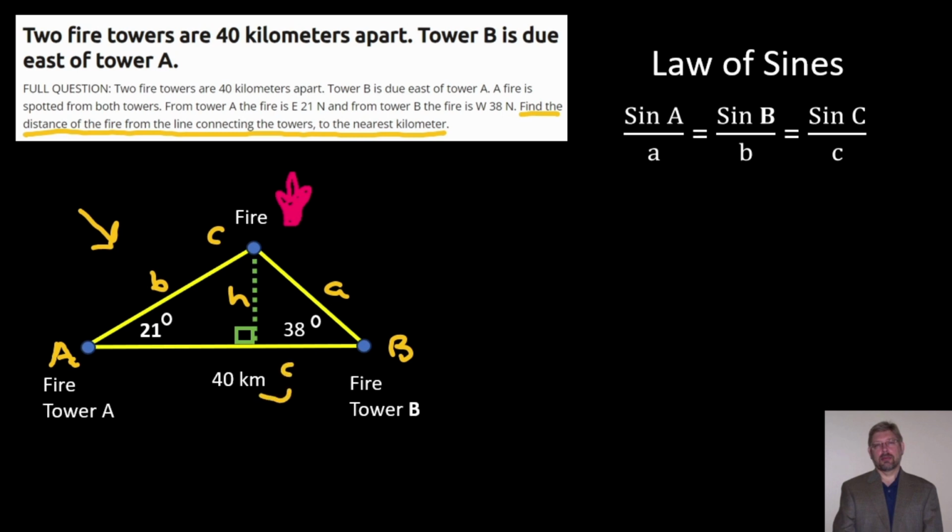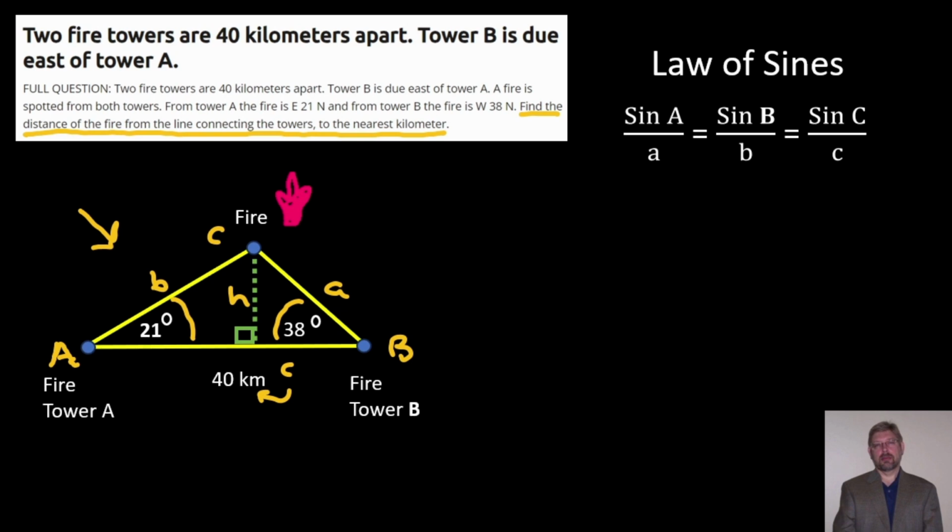And c is our 40 kilometers. Now, what else can we find? Well, if I know that this is 21 degrees, because it says Tower A is east 21 north, and Tower B, we're looking at west 38 north. So that's the angle from the towers to the fire.